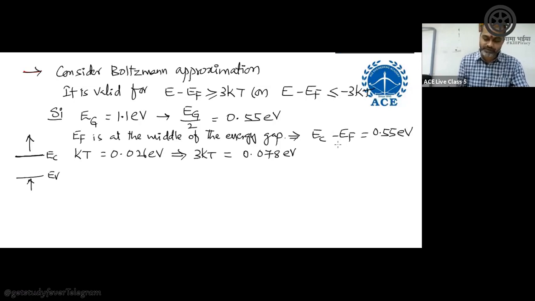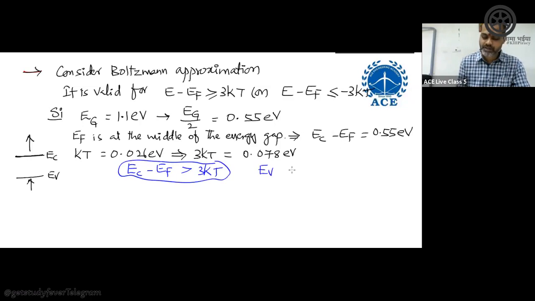We can very clearly see EC minus EF is going to be greater than 3 kT. In a similar way, you try to analyze and you will get EV minus EF less than minus 3 kT.